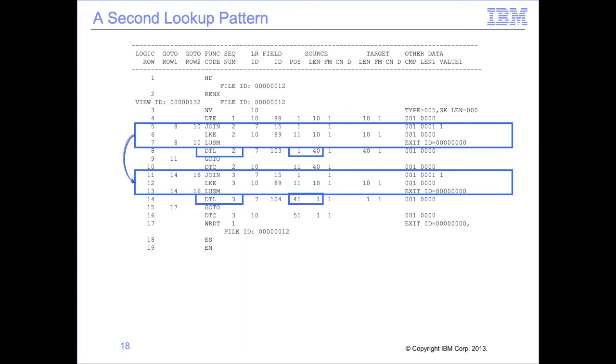Except for the changes in logic table and the goto rows, the sequence column numbers, the second set of join, LKE, and LUSM functions are identical to the first set. The DTL, goto, and DTC functions are also very similar between the two lookups, with the same row and sequence number differences. Yet their source fields and target positions and length also differ.